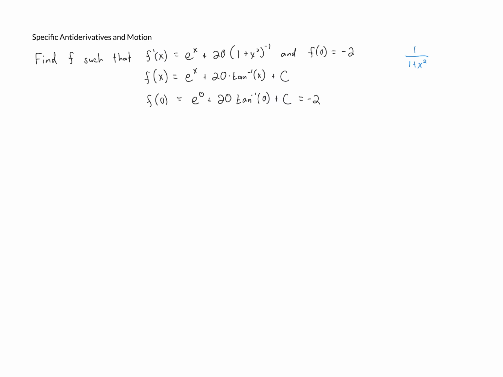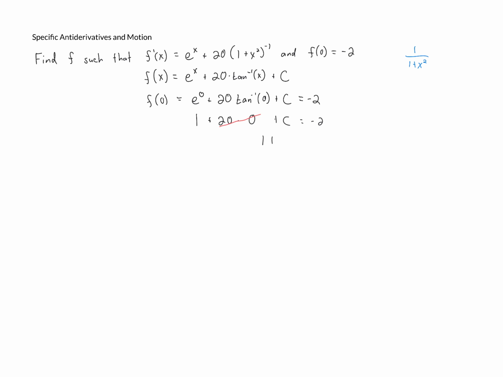That'll tell us what the value of that constant is. Now e to the 0 is just equal to 1, and then we have plus 20 times the inverse tangent of 0. Well, what angle gives us a tangent of 0? That's actually 0, plus c. So this whole thing is going to go away because anything times 0 is 0.